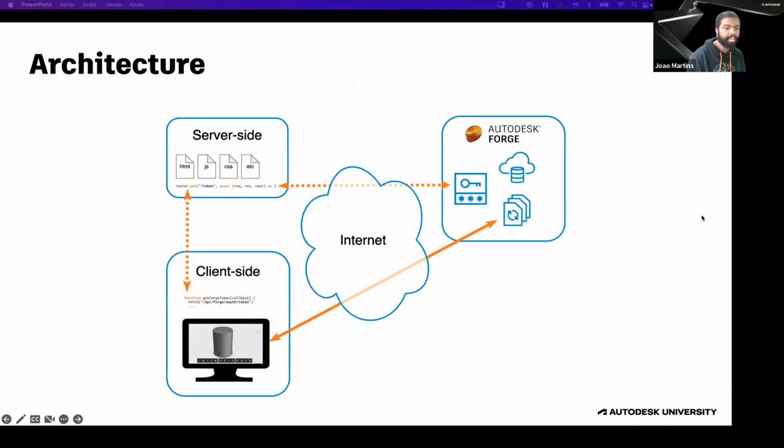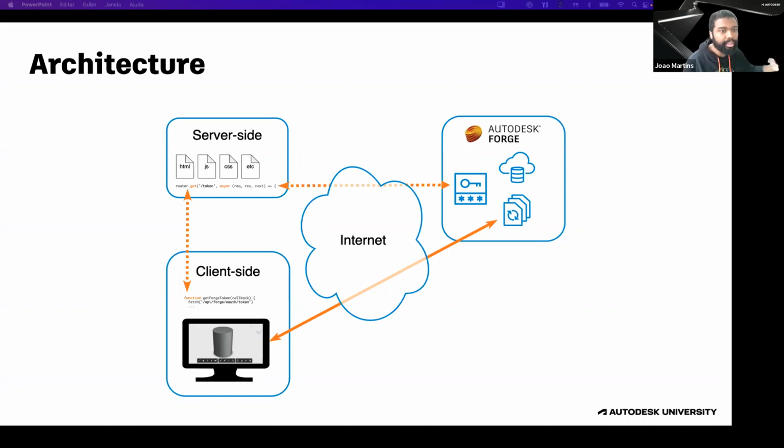Again, this is the architecture. Use this diagram to show the architecture of our simple applications. We are basically going to store our credentials from the Forge app. Again, our credentials are what grant access to our services, our APIs.